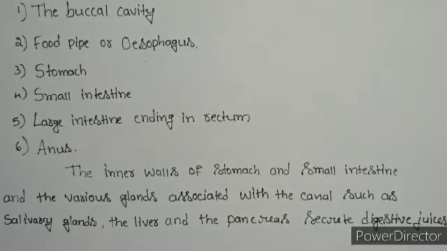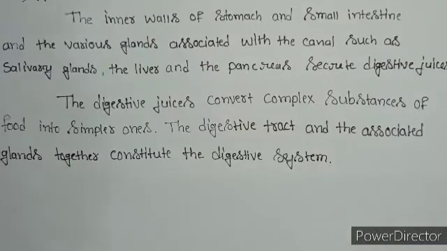The inner wall of the stomach and the small intestine and the various glands associated with the canal, such as salivary glands, liver and the pancreas, secrete digestive juices. The digestive juices convert complex substances of food into simpler ones. The digestive tract and the associated glands together constitute the digestive system.